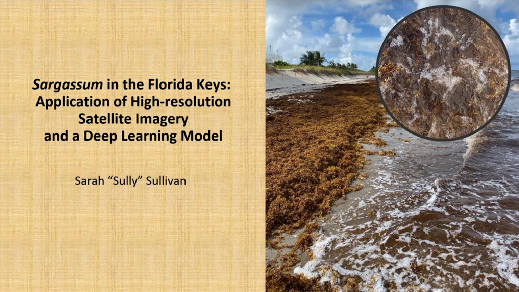As it comes near shore, the plant begins to decompose and it causes water to turn this beautiful murky brown color. It creates eutrophic and hypoxic conditions, which lead to mortality of marine fauna as well as seagrasses and corals.